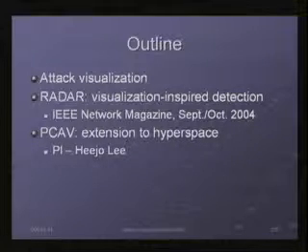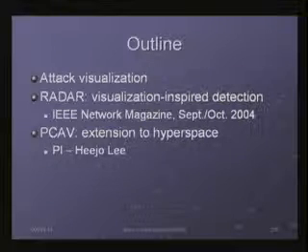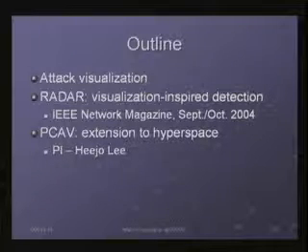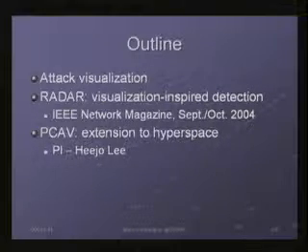And the third part is sort of an extension to an earlier work. I'm not working on this, but my colleague at Korea University is. It's called PCAP, Parallel Coordinate Attack Visualization. So we will talk about these three things in this talk.